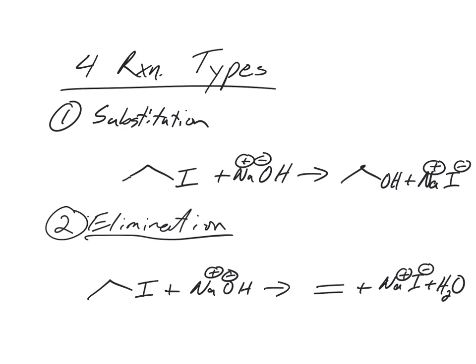So what I did here was an elimination reaction. Right? What happened? I took a hydrogen from here, right? Lost 2 things, eliminated 2 things. What did I eliminate? I eliminated a hydrogen and an iodine. I ended up with a water and sodium iodide and a pi bond.